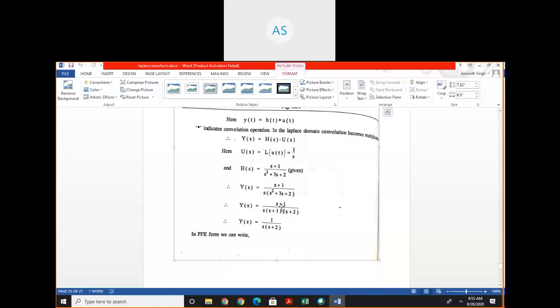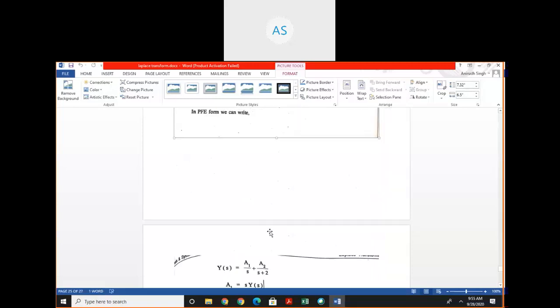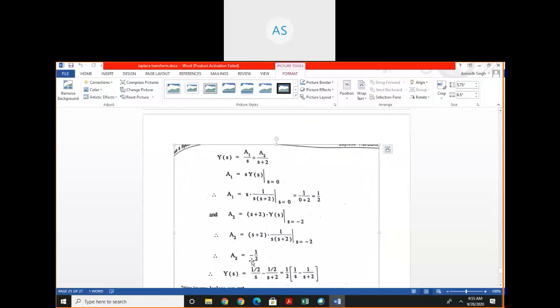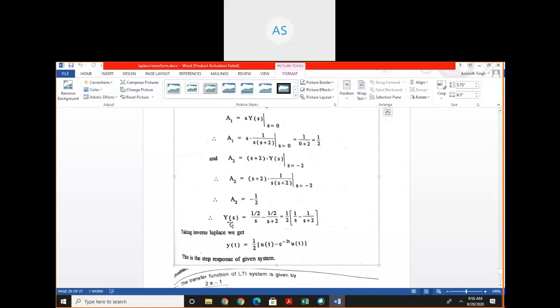So y of s is equal to h of s multiplied by u of s. The Laplace transform of ut is us, the Laplace transform of ht is h of s, and we know that the Laplace transform of ut is 1 by s.